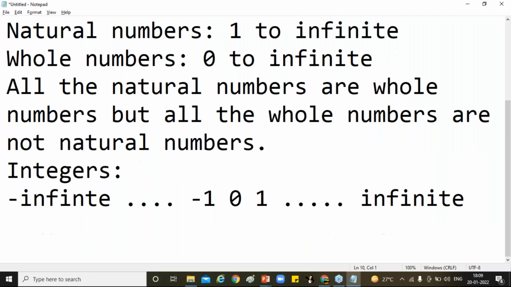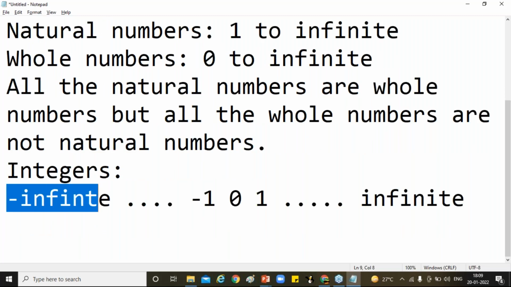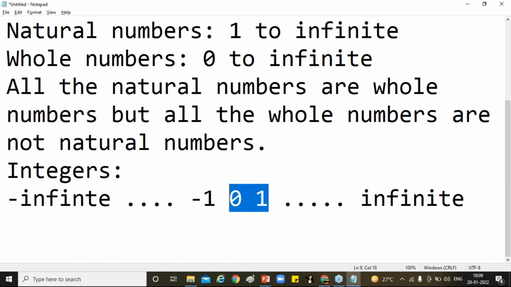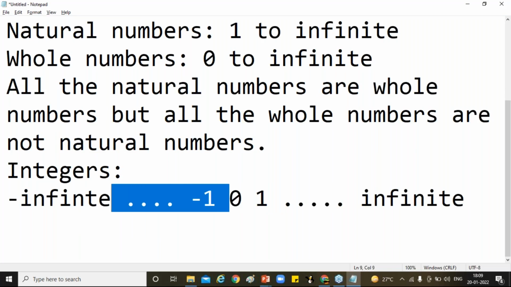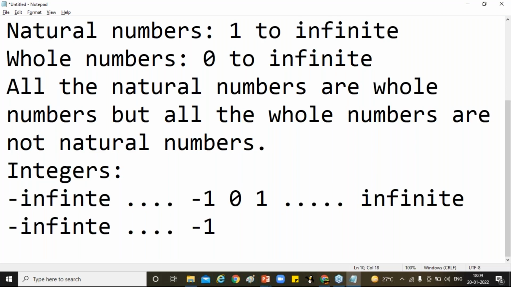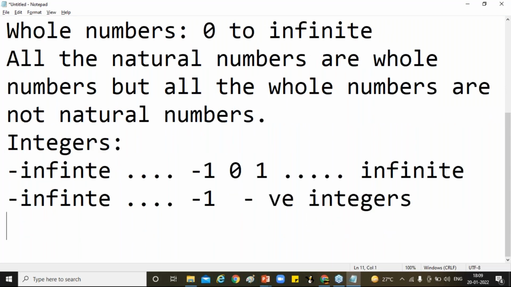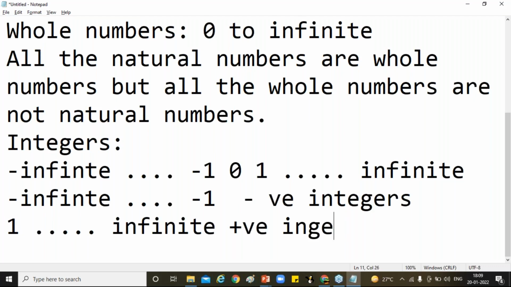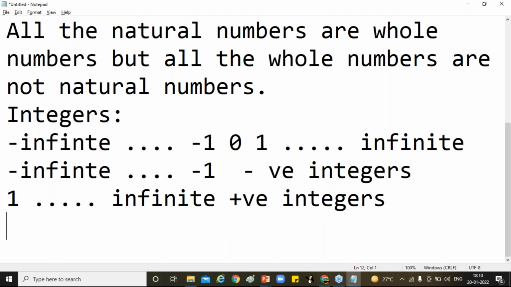From that, minus infinity to minus 1 are called negative integers, and 1 to infinite are called positive integers.